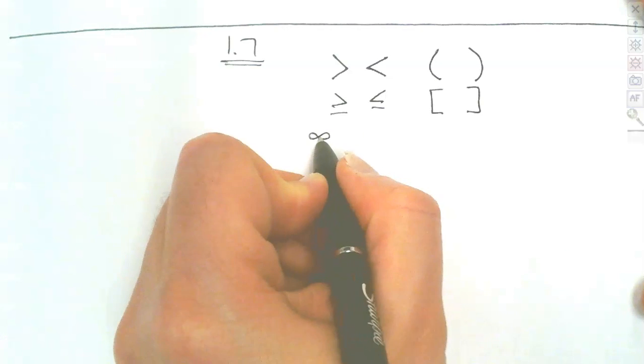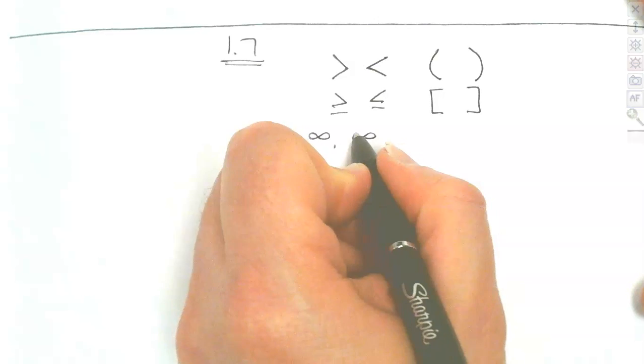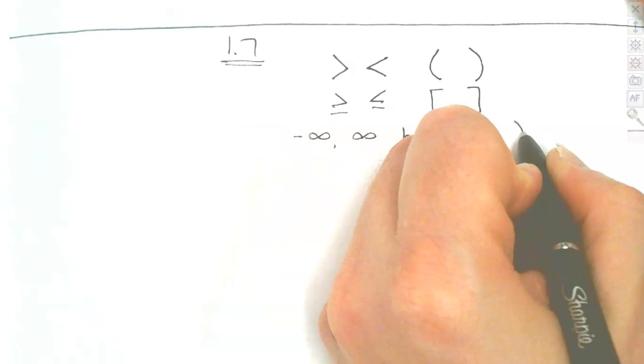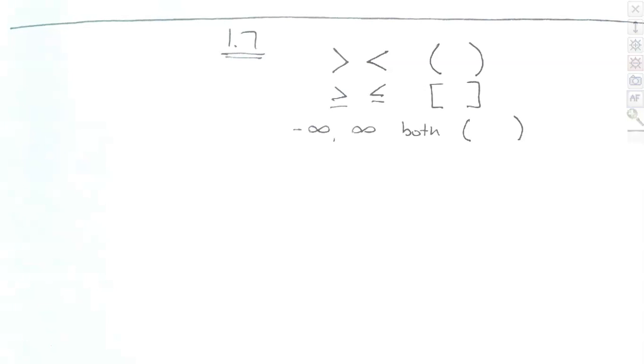Negative and positive infinity both get parentheses no matter what. Some textbooks and instructors use open and closed circles. I like parentheses and square brackets because it goes right into interval notation.